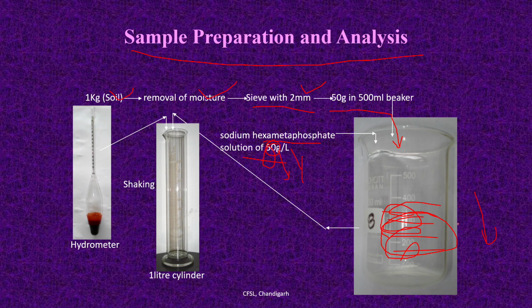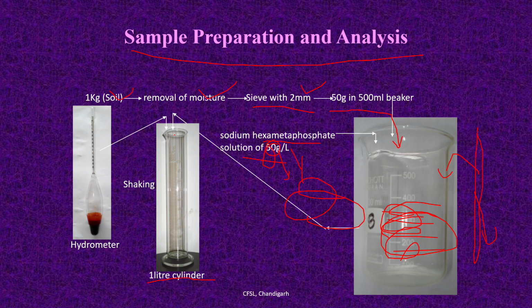Then stir this gently. You can take a glass rod for stirring very gently. On the second day, this should be transferred to the 1 liter cylinder.